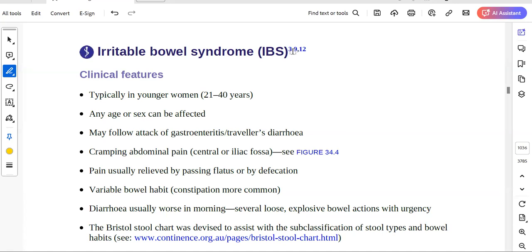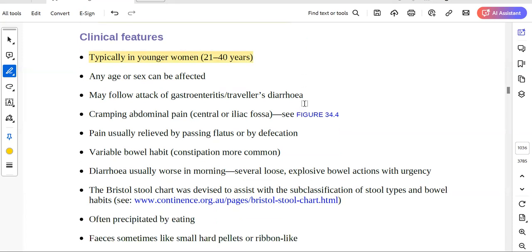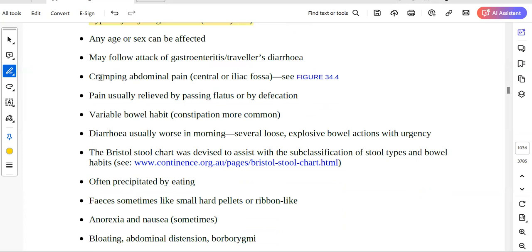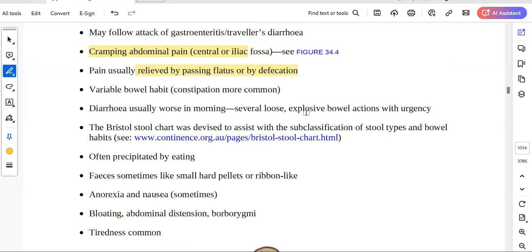Next, IBS, or irritable bowel syndrome. Also very common, and important for the exam. It is common in younger women, and most of the time there is some kind of psychological stress underlying. The main presentation is cramping abdominal pain, with pain relieved by passing stool. Patients can have constipation-predominant IBS, diarrhea-predominant IBS, or alternating constipation with diarrhea.